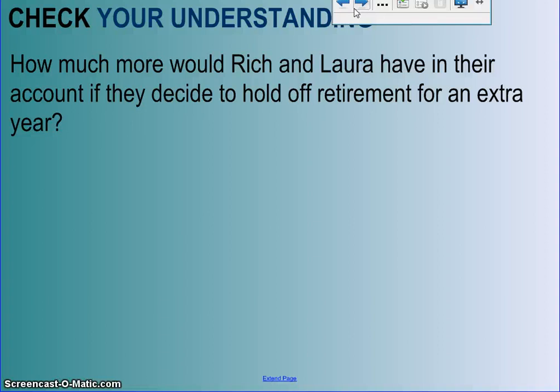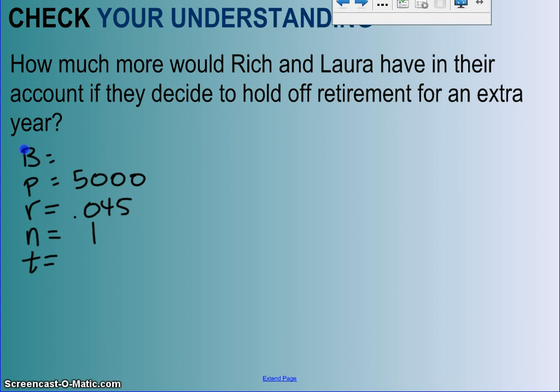It says, how much more will Rich and Laura have in their account if they decide to hold off retirement for 1 extra year? I'm going to give you a little bit of a hint on this one before I get you started. We know that the principal is still $5,000 a year. We know that they're still earning a rate of 0.045, and it still compounds annually.